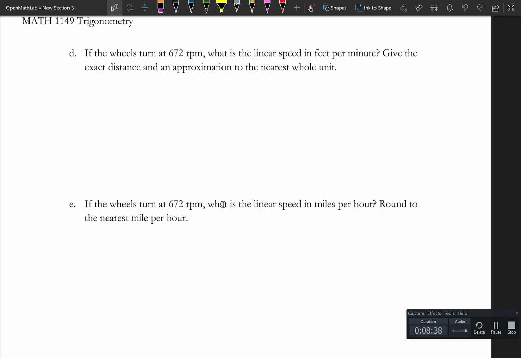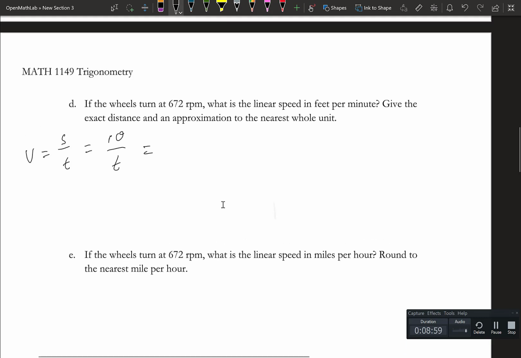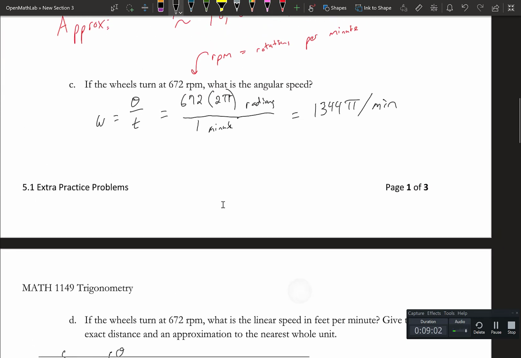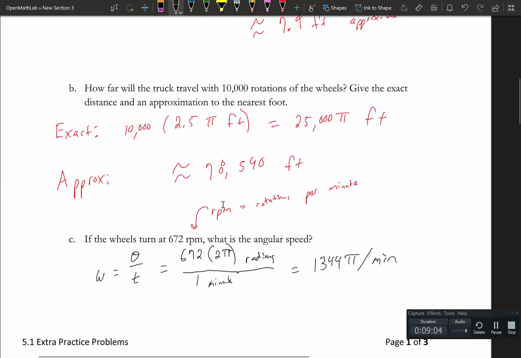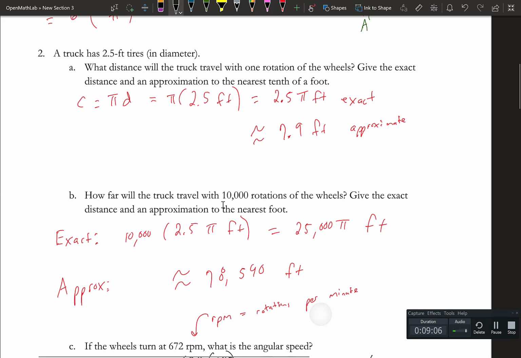So, to fill this in, we have V equals S divided by T, which, remember, S is equal to R theta. So we can just fill these things in. Whoops, let me fix this R. So the radius, the diameter rather, is 2.5 feet.